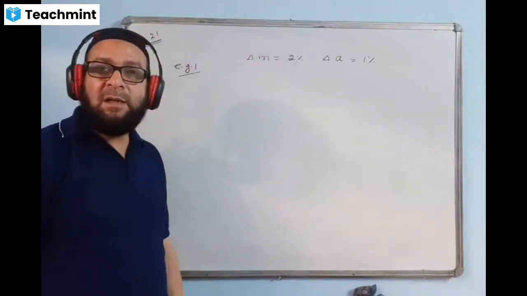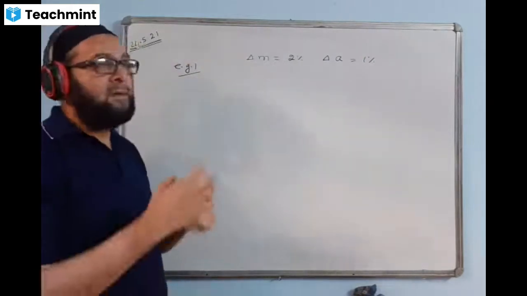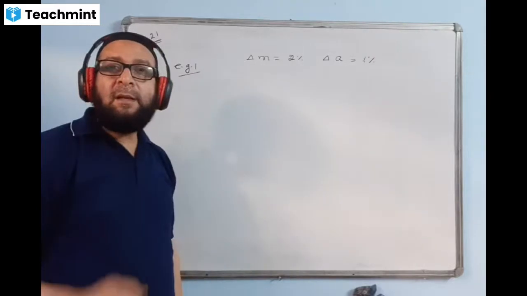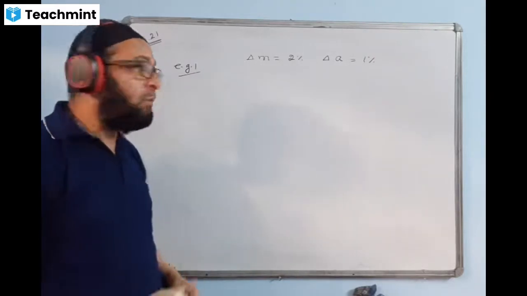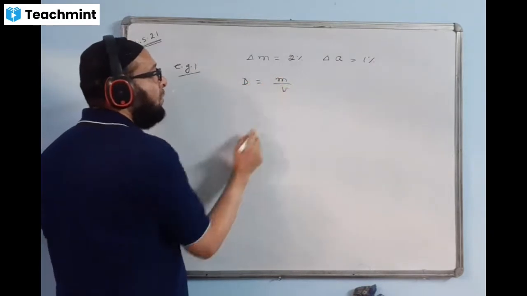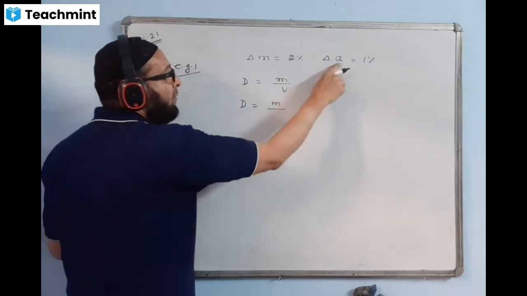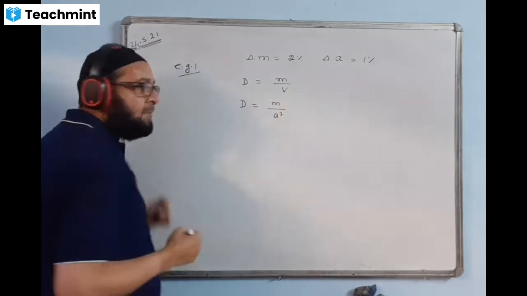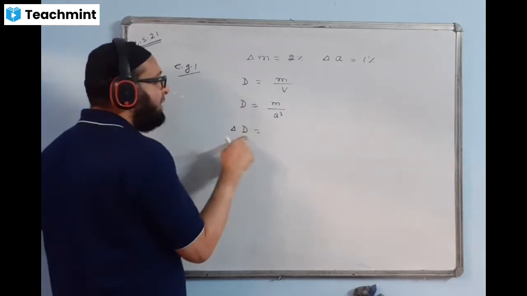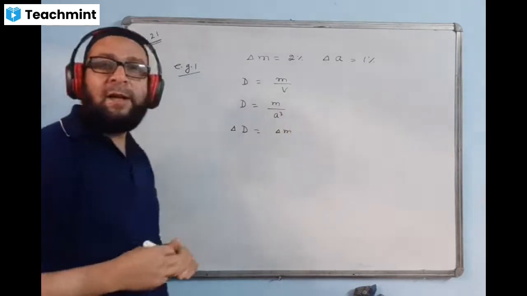So first we write the formula of density: mass by volume. Density is equal to mass by volume, and the volume formula of a cube is a cube. Now we'll find the error in density. Error in density is equal to, what is the root? Delta M we write. Tell me, what should I write now?